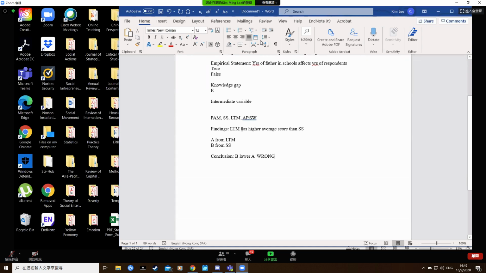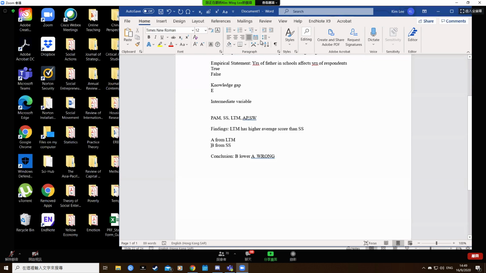Why? Because when we talk about LTM having a high average score, right? In this case, average score means we sum them up. Maybe some SS student had a very high score. Maybe possibly B has a very high score. But as a whole, the average of SS students is lower than LTM. But it doesn't mean that B has a low score.